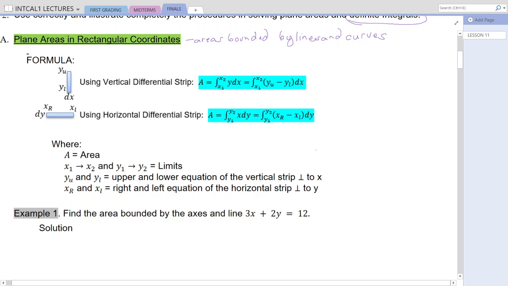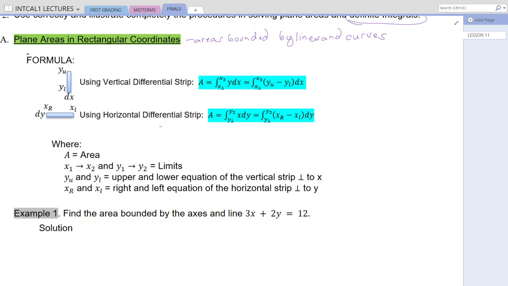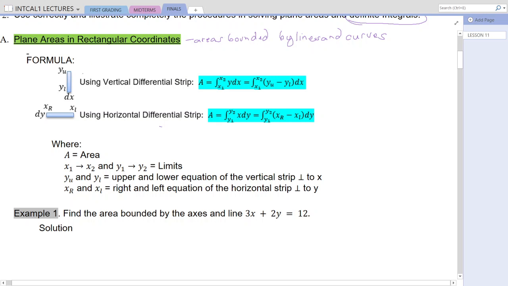Okay, so for the formula of the plane areas of a rectangular coordinate system, if we are going to use a vertical differential strip, the thickness for that one will be dx, and the limits are from x sub 1 to x sub 2, and for the height, that is the y upper minus the y lower.